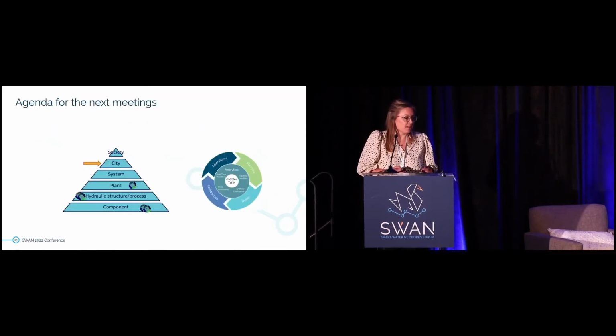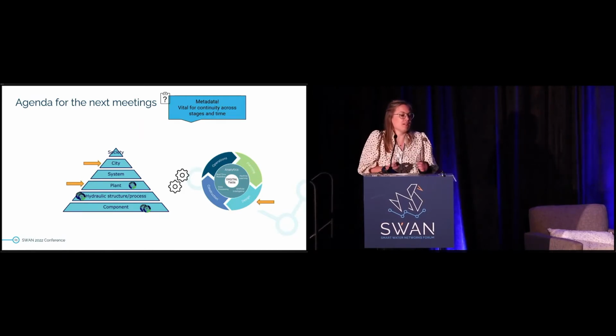So the agenda for the next meetings, if you are interested, and I hope you will be, is that we will see examples of the city and plants, and we will also talk with somebody who has done a lot in the design stage. And further on, we will talk about these data links, how we connect everything together.